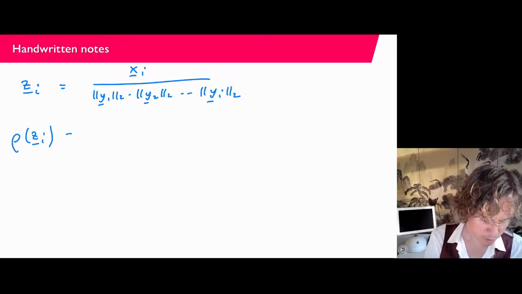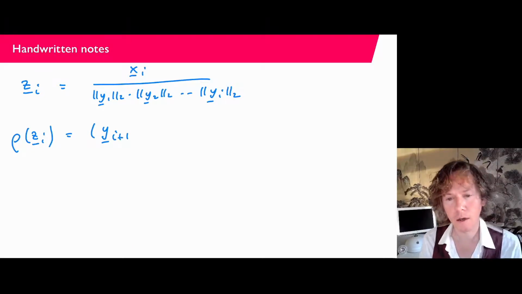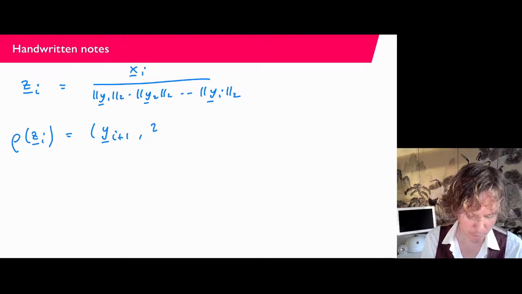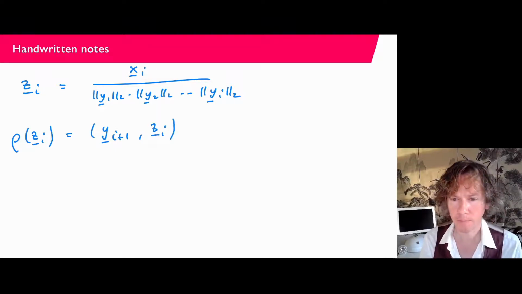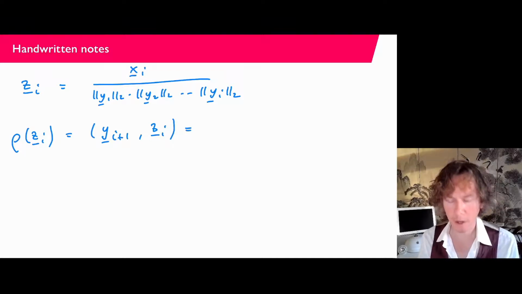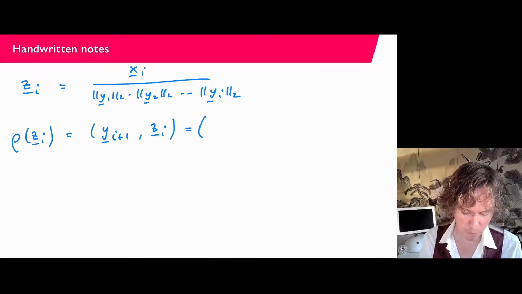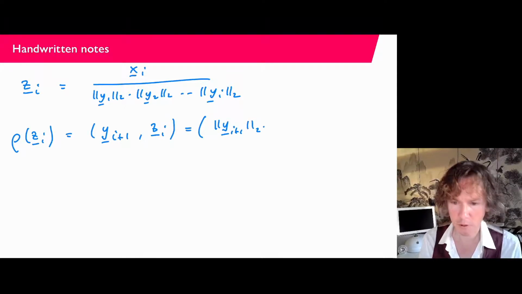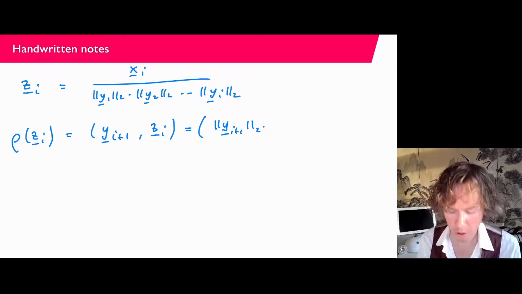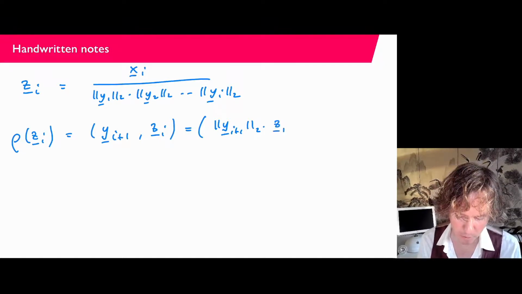So the rho of zi, if you look at the algorithm, it is the dot product of yi plus 1 with zi. And yi plus 1, I can write that, if you look in the algorithm, as the length of yi plus 1 times zi plus 1, comma zi.